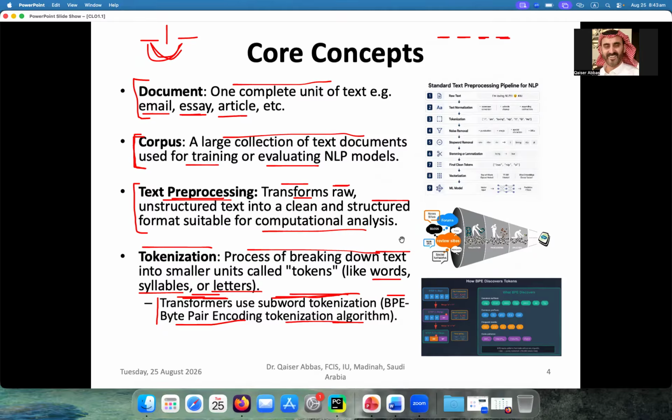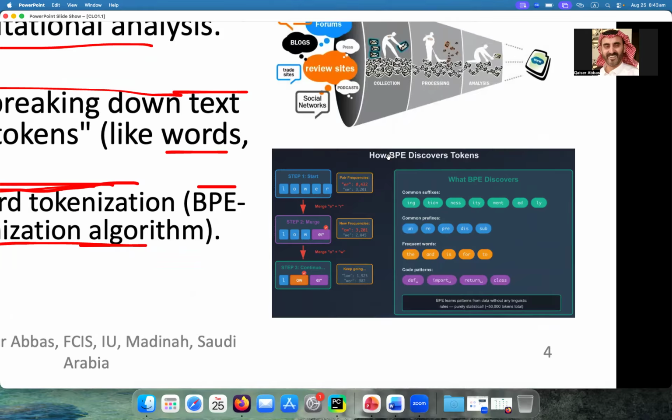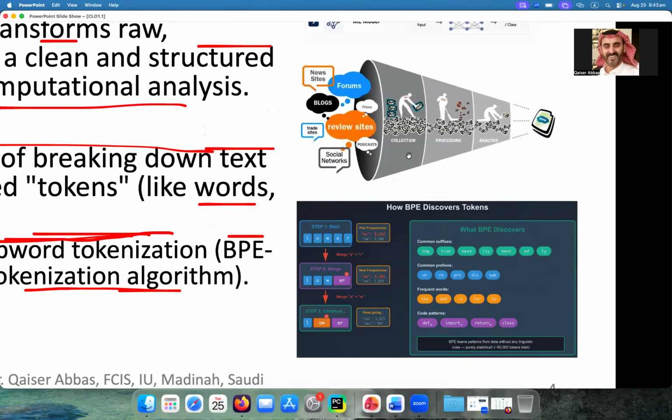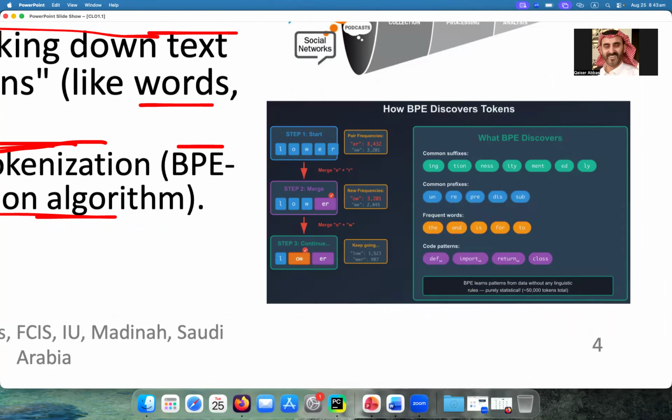For example, this is just an idea. If this is a word, lower, then BPE will make pairs: LO, OW, WE, ER.